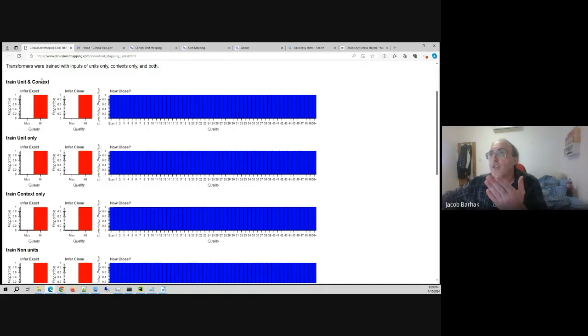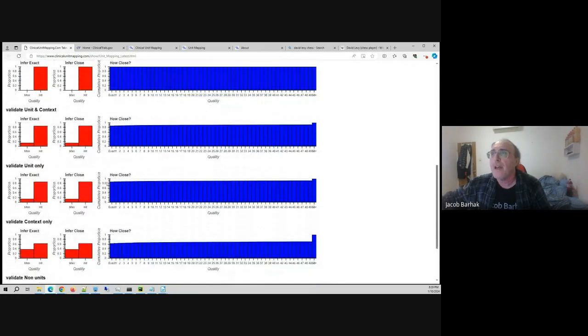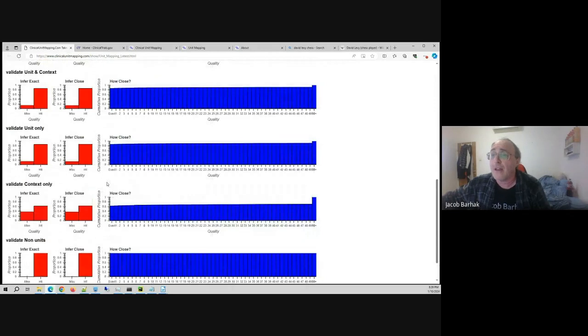So you can train it on all sorts of variations. I'm showing you the training accuracy, and the graphs here show it's about 90-something percent. This is for the training set, but we are more interested in the validation set, which shows us how accurate it was after it was trained.